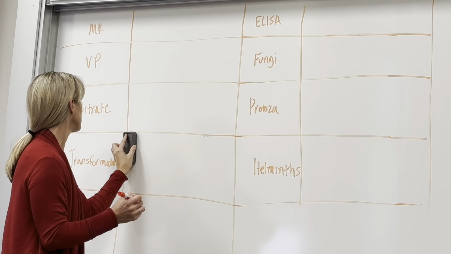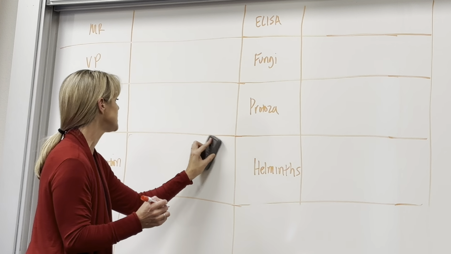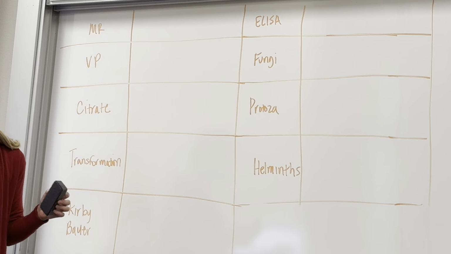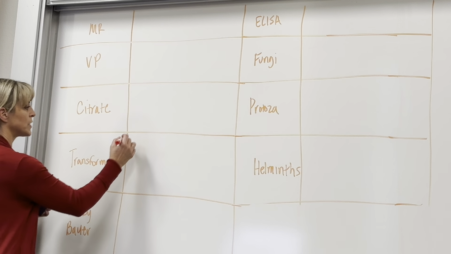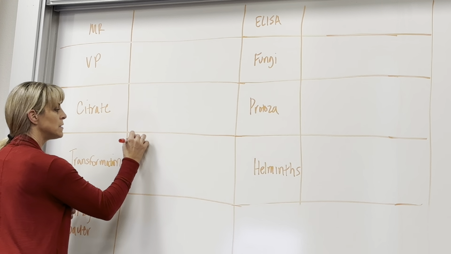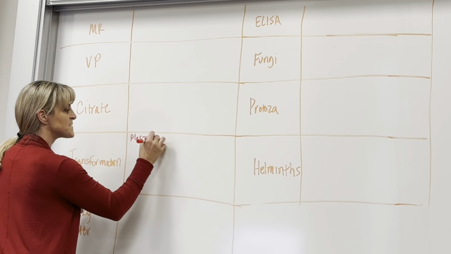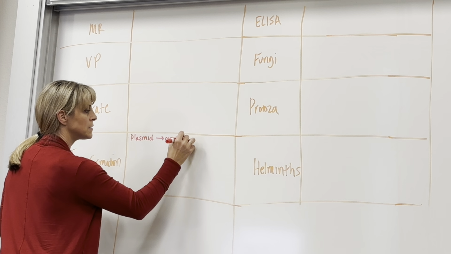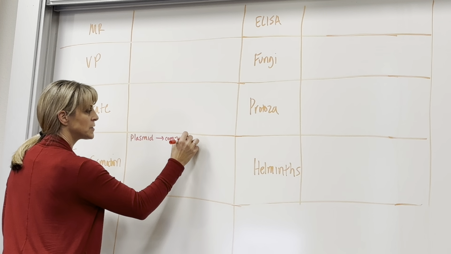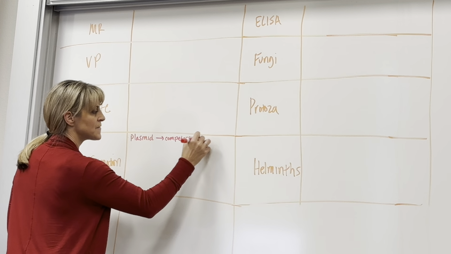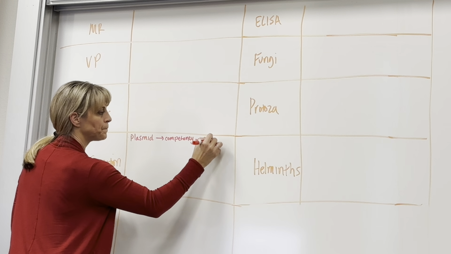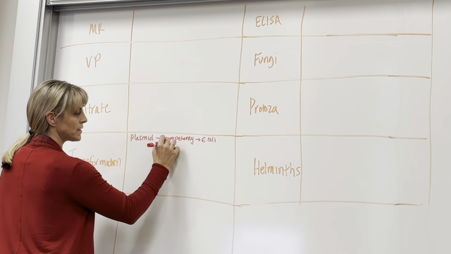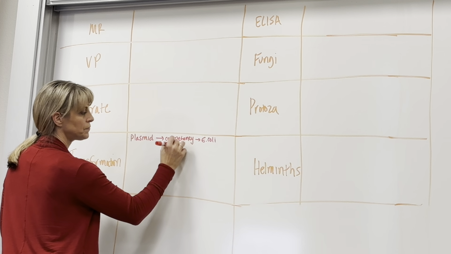Let's just do some arrows, because all we're doing is guessing A through E, so this can help you to identify it. So for transformation, we're doing our plasmid, competency, E. coli. Is the lab practical all multiple choice? Yes, except the bonus.